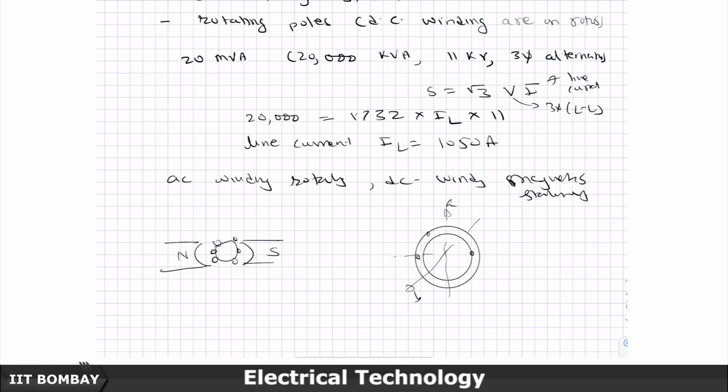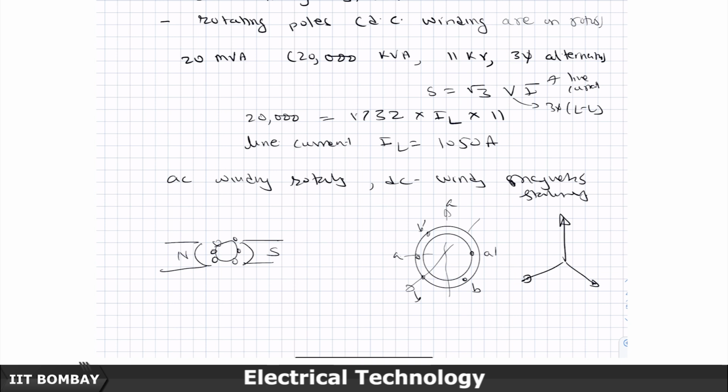So, the B phase winding would be somewhere here, and then the C phase winding will be on the axis. So, if this is the A phase axis, this is the B phase axis, this is the C phase axis.